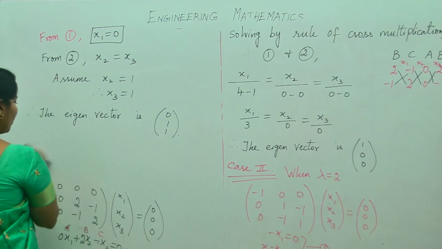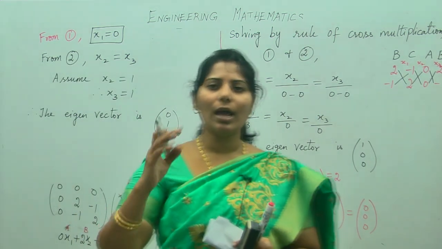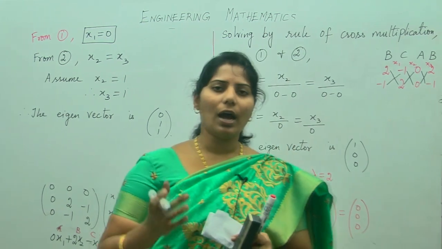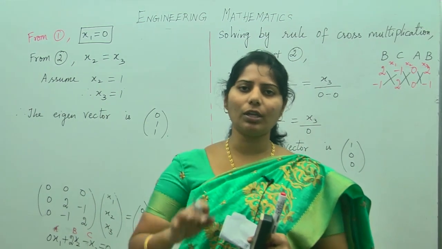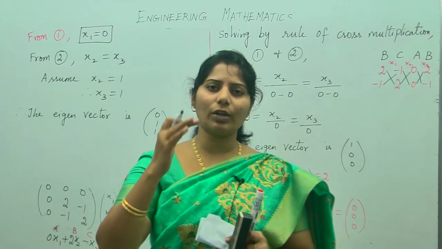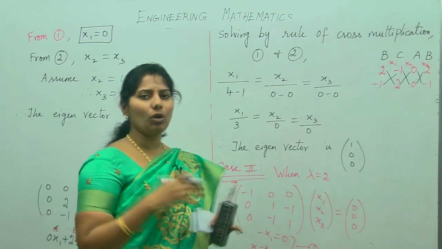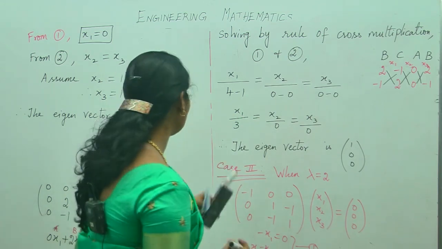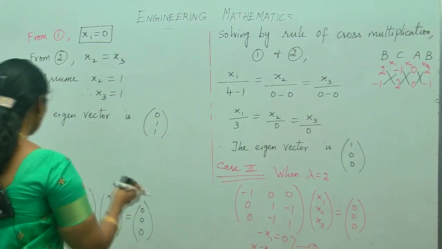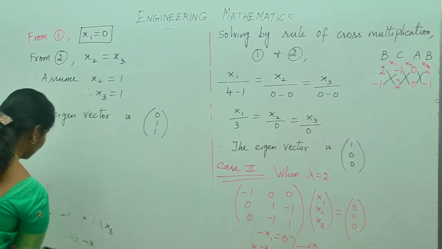Similarly, we need to find the eigenvector for the third case. Similarly, you will substitute the eigenvalue, and after simplifying everything you will get 3 equations. After getting 3 equations, once you simplify it, by the rule of cross multiplication or by the assumption method, you will get the third eigenvector. Here for the third case, I will directly write down the third eigenvector.